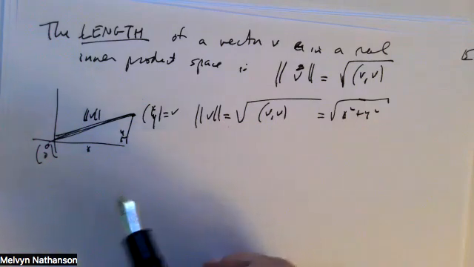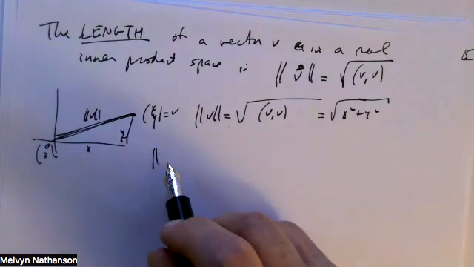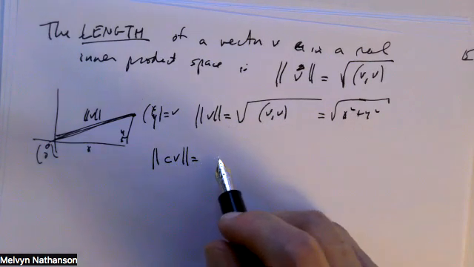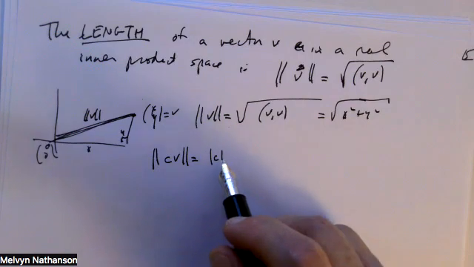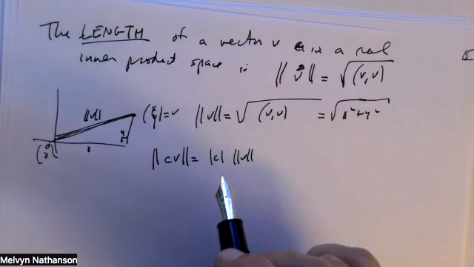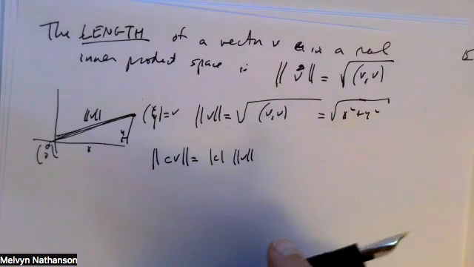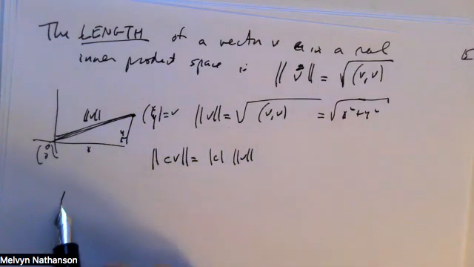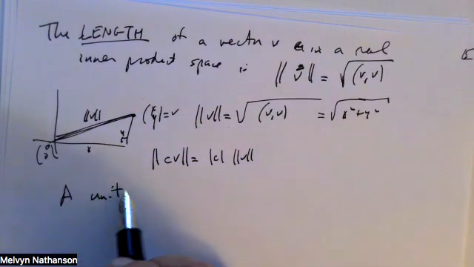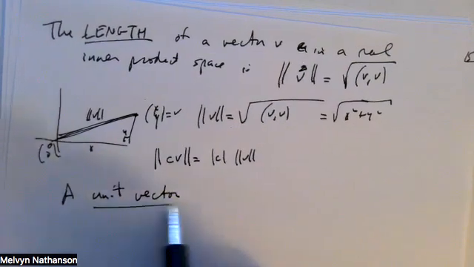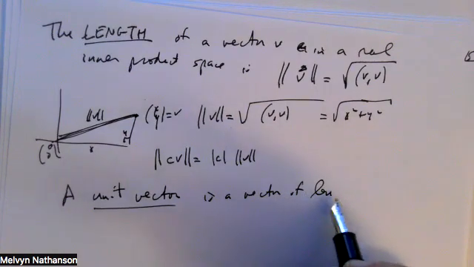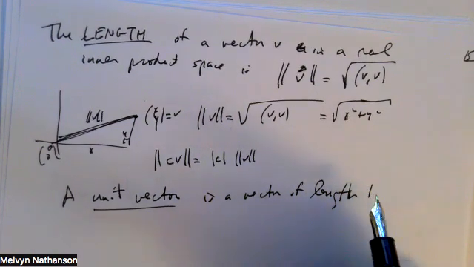And this has the following obvious property. You take the vector and multiply it by a scalar, that stretches the vector by an amount, the absolute value of c times the length of V. So, a unit vector is a vector whose length is 1.